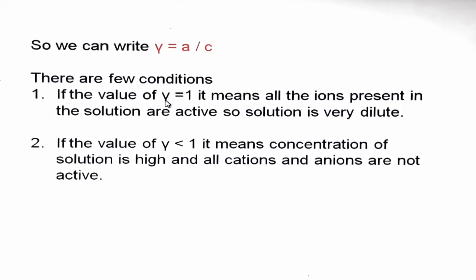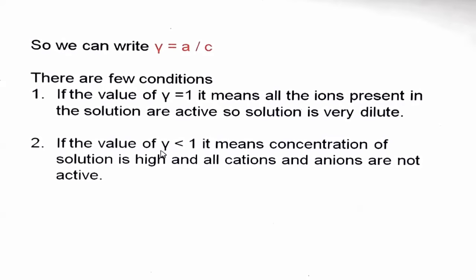If the value of gamma, the activity coefficient, is 1, it means all the ions present in the solution are active and the solution is very dilute. In a very dilute solution, all the ions will be active, activity and concentration are the same, and the value of gamma will be 1.